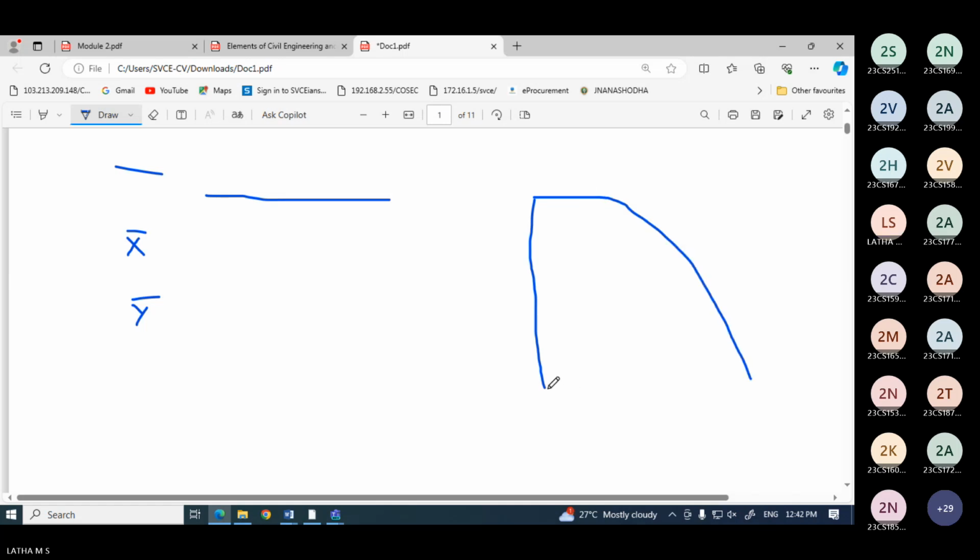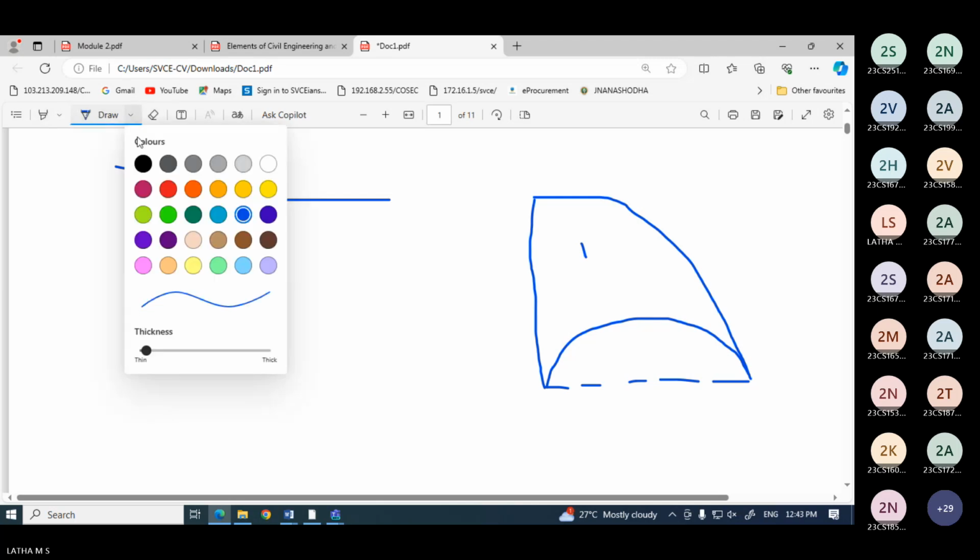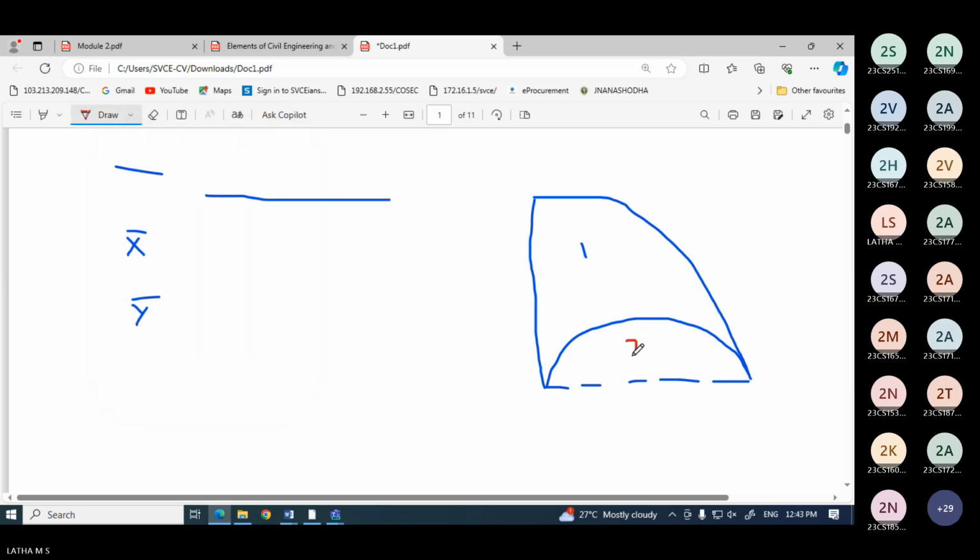It's a curve. And you find this to be a curve one more. Correct? So I call this as 1 and this as 2.